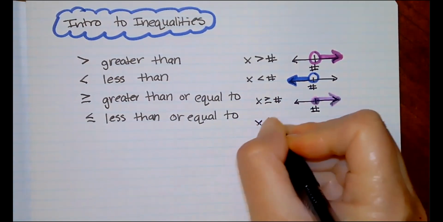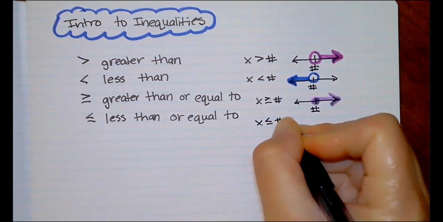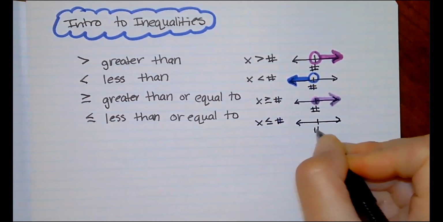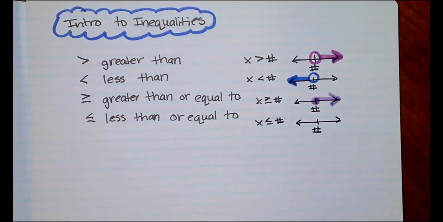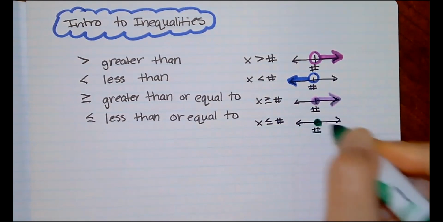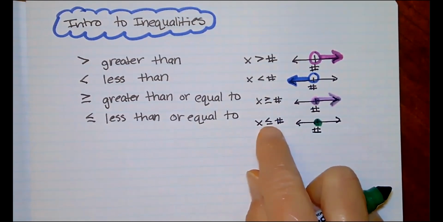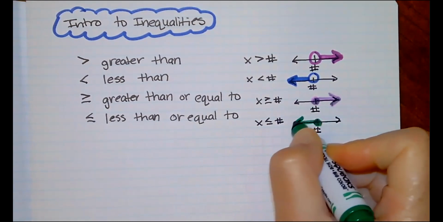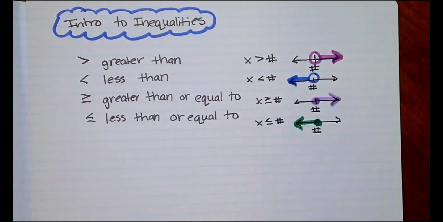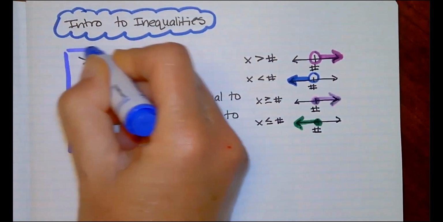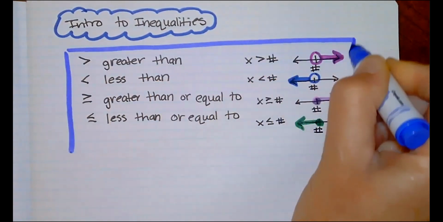And if we have x is less than or equal to some number, again, we'll have our number on our number line. And it is again going to be a closed circle because of the equal. And then I want things less than, which means smaller than or to the left. So it's important that you understand how to read these symbols and how to graph them on a number line.